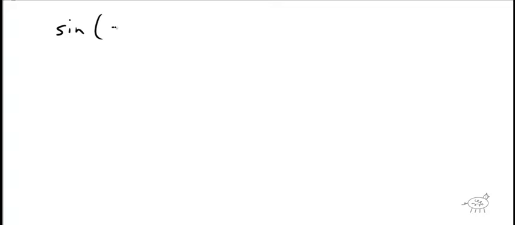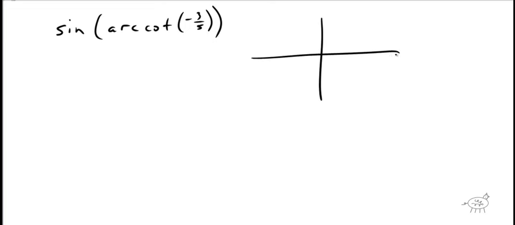Sine of the arc cotangent of negative 3/5. All right, so again, it's the sine of some angle that I don't know. So I need to make a sketch. Well, it's arc cotangent and it's negative. So do you guys agree that arc cotangent negative is going to be here? Because cotangent goes with cosine, right? It's cosine over sine. So just again, looking at the range chart. And then, of course, you know cotangent is x over y.